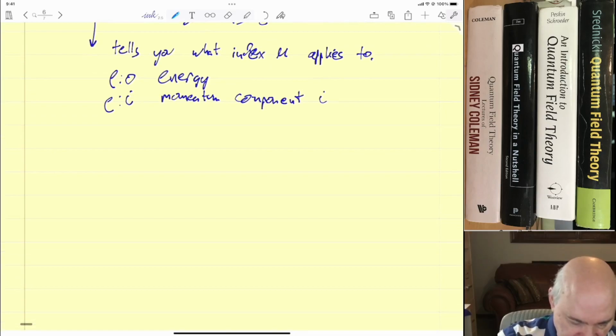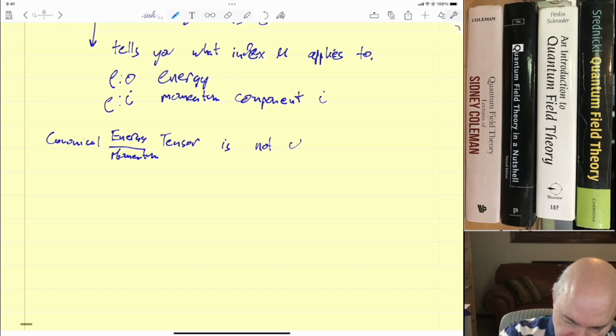As I said, the canonical tensor is not unique. Let me not use that. That looks too much like electromagnetism. It is not unique, and in general not symmetric.